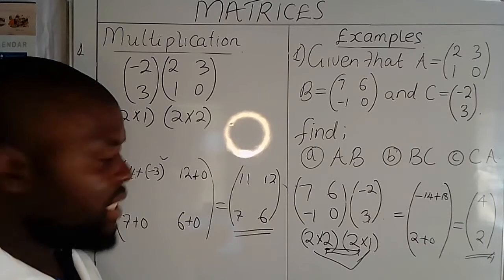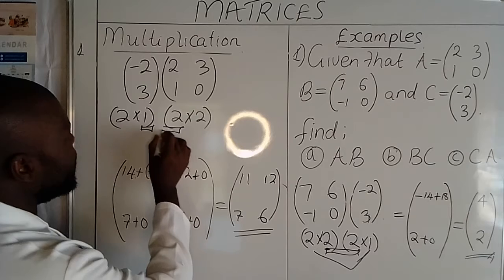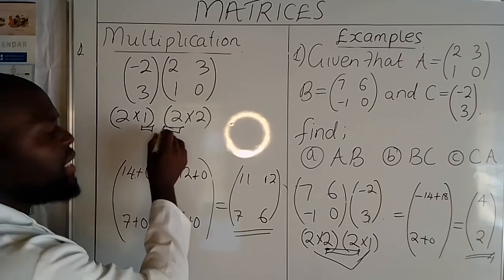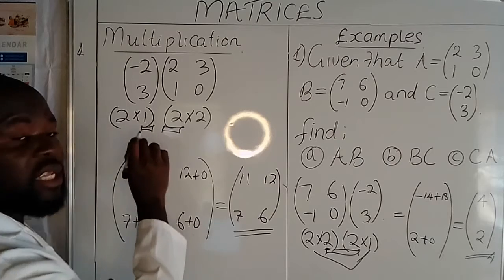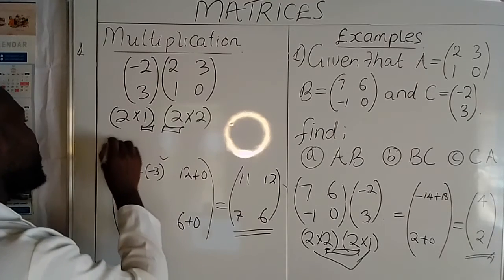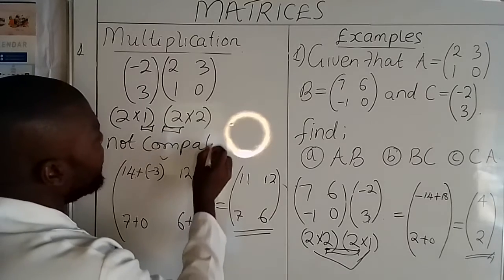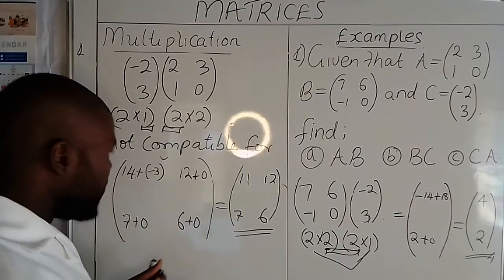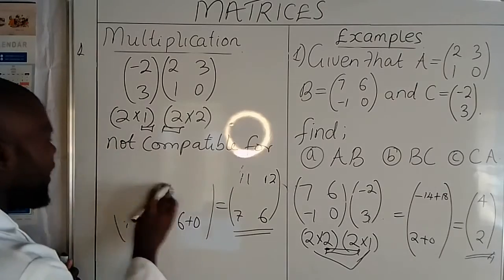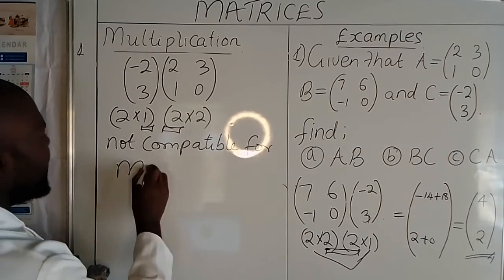Comparing the orders, look at this number here. This is a 1 and this is a 2. Because these two numbers are different, the two matrices are not compatible for multiplication.